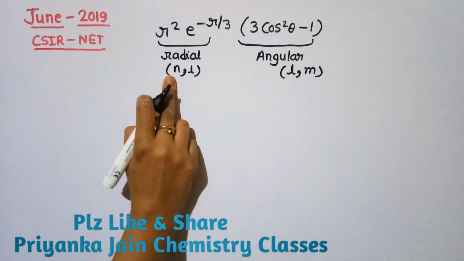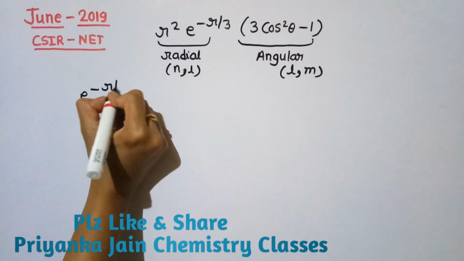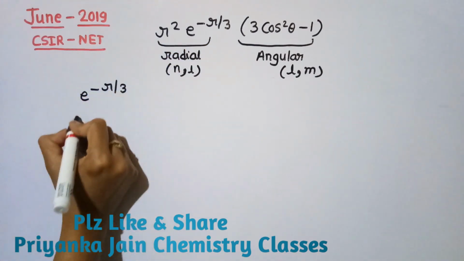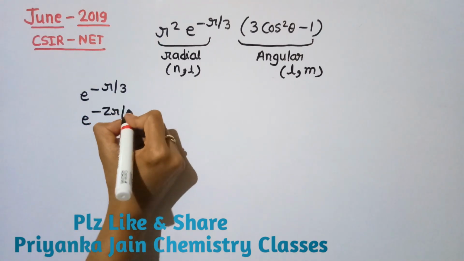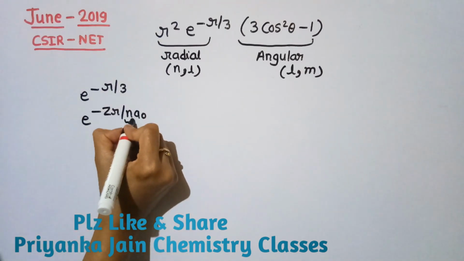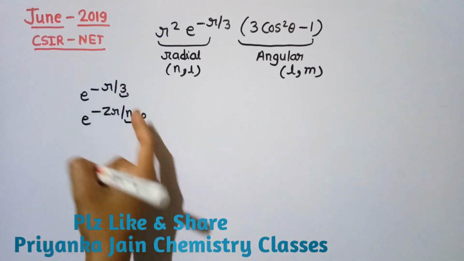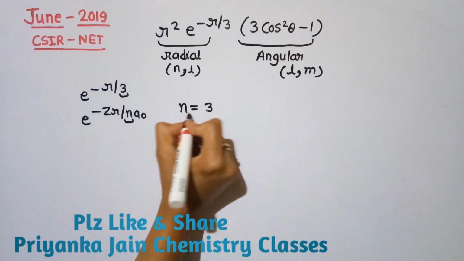For n, we have to see e to the power minus r upon 3. If we compare it with e to the power minus zr upon n naught, what is the value of n here? The value of n is equal to 3.